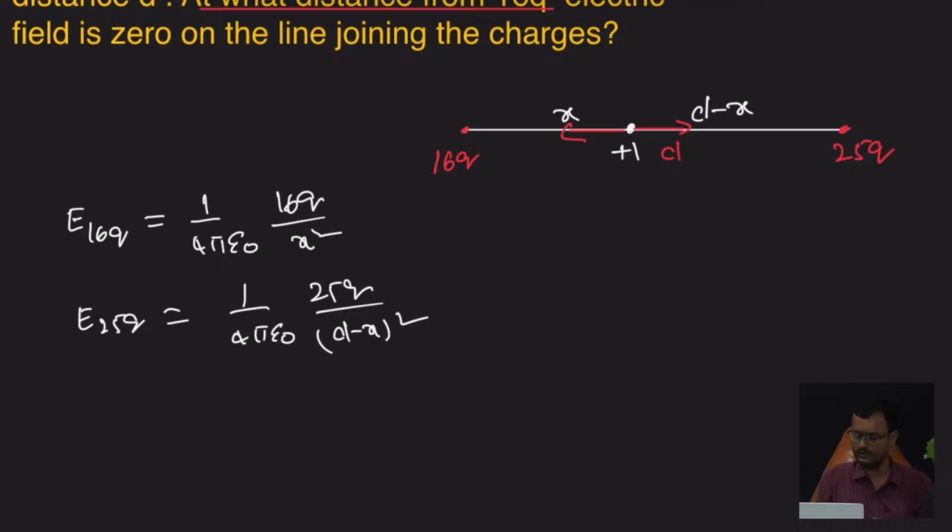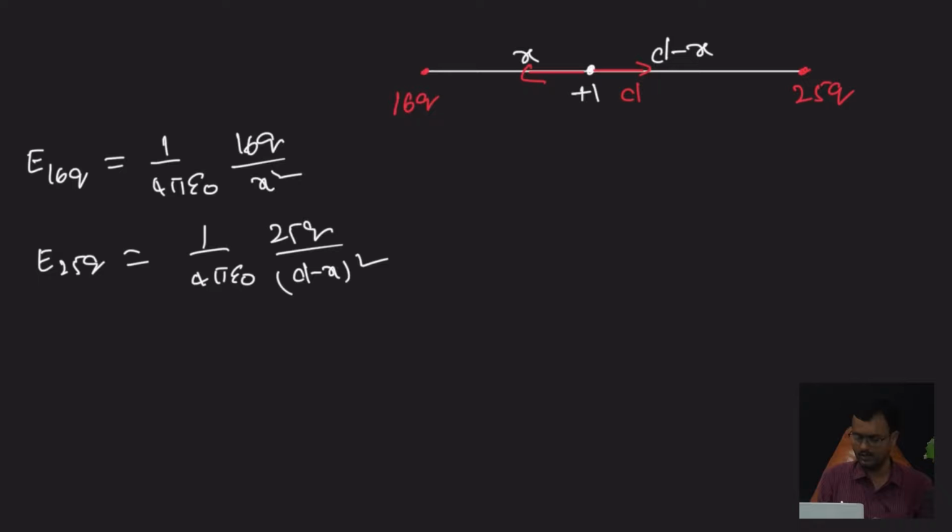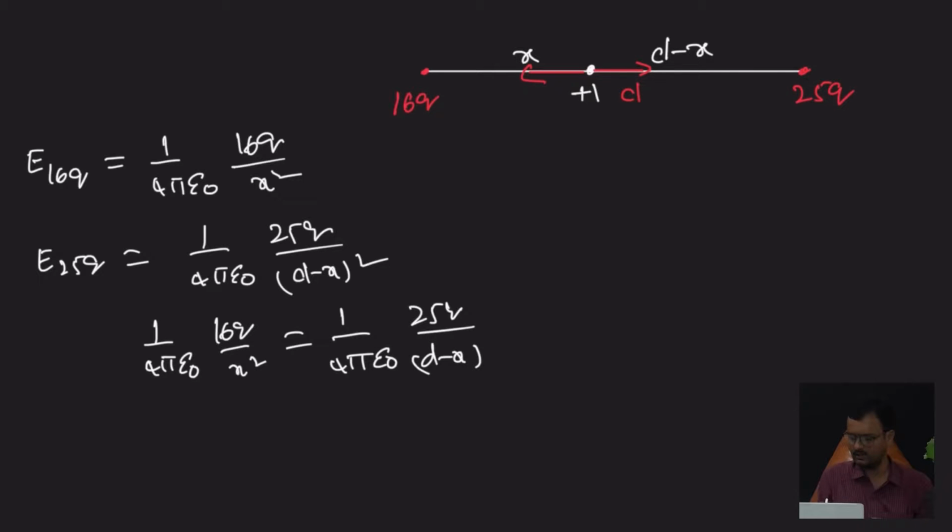Both are in opposite directions, the resultant becomes 0, so their magnitudes should be equal. So 1 by 4 pi epsilon naught 16q by x square is equal to 1 by 4 pi epsilon naught 25q by d minus x whole square.